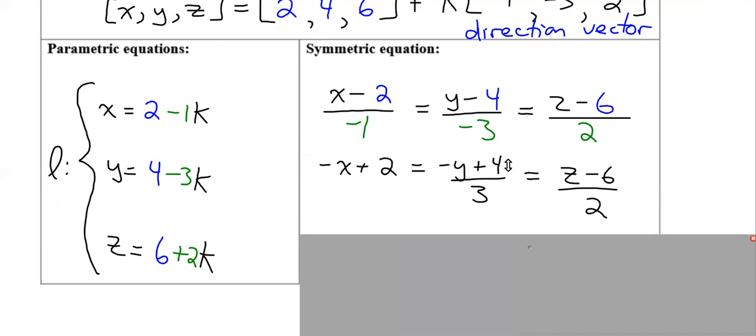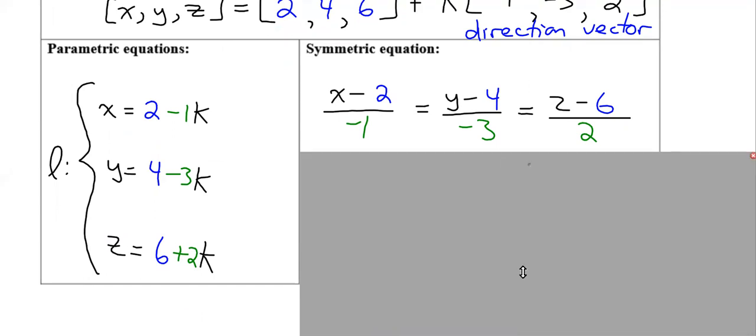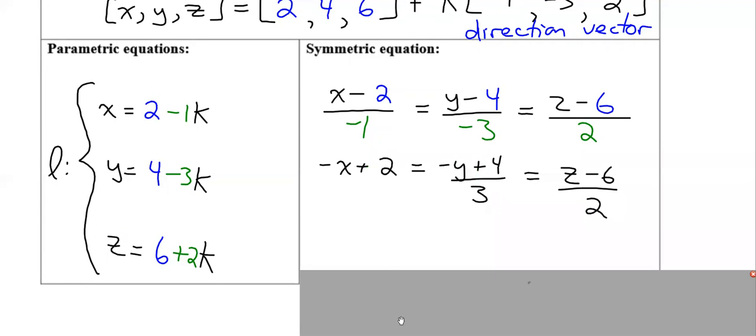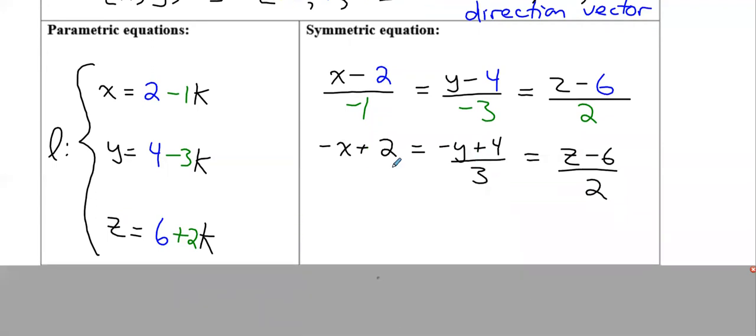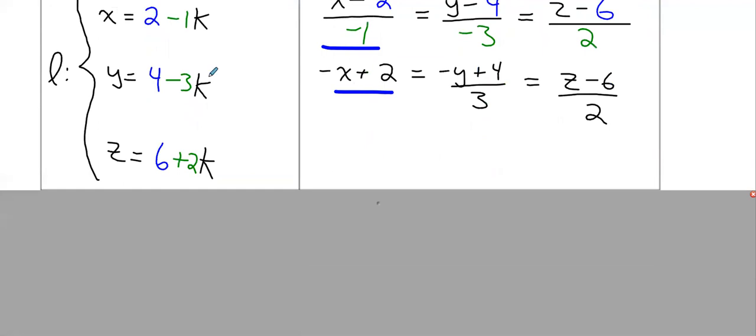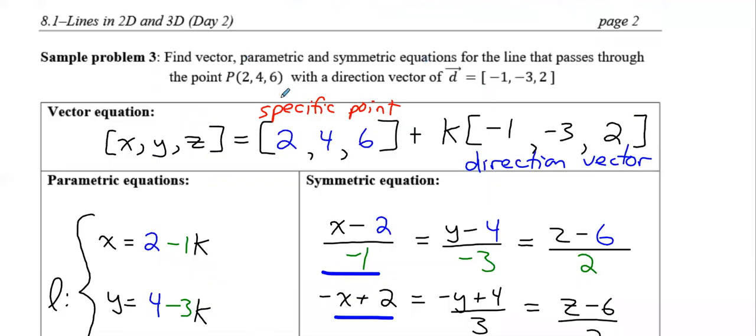Both, I think, are fine. Whatever format you think is comfortable for you. Just keep in mind, if you're checking answers in the back of a book or online, that the format may differ from what you have, as long as it's algebraically equivalent, you'll be okay. All right, so did we successfully do everything? We did. We found the parametric, the vector, and the symmetric equations for each one of those.